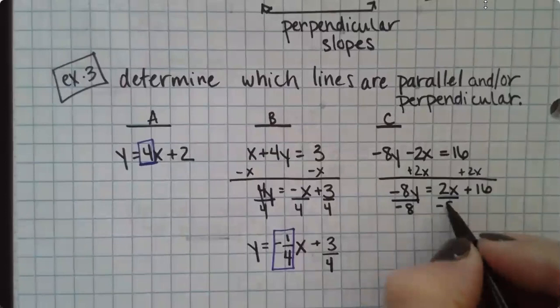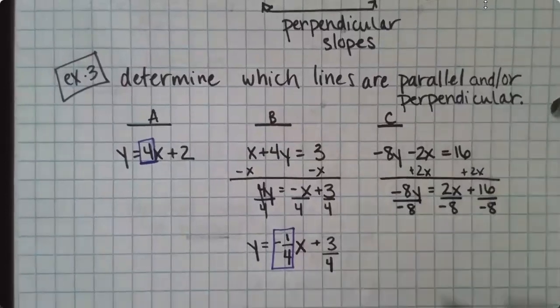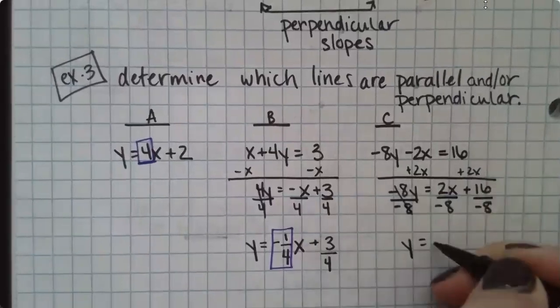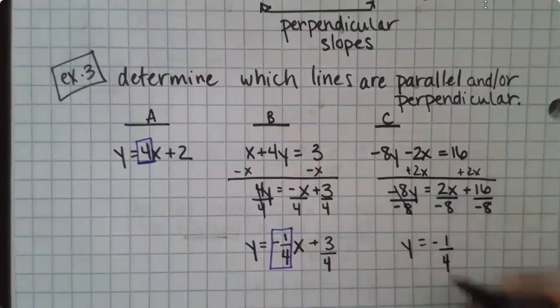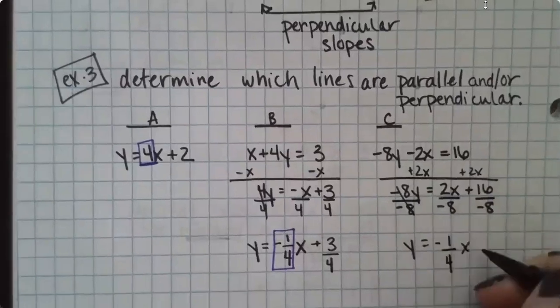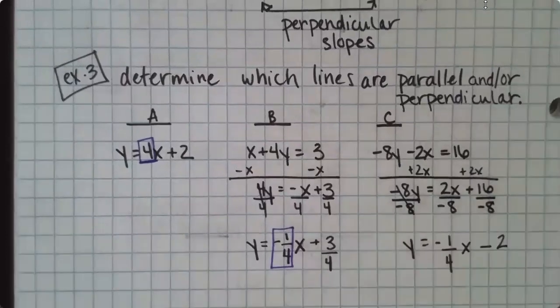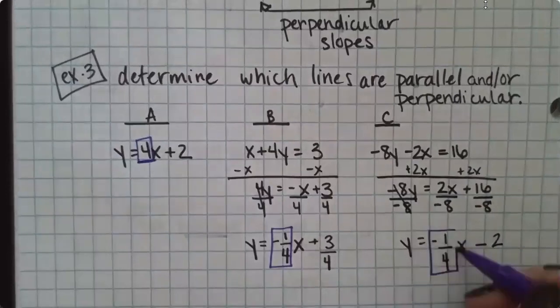Remember, I divide every term on the right. So then I get that y equals negative 2/8, which is negative 1/4, x minus 2. So now I can see the slope of every line.